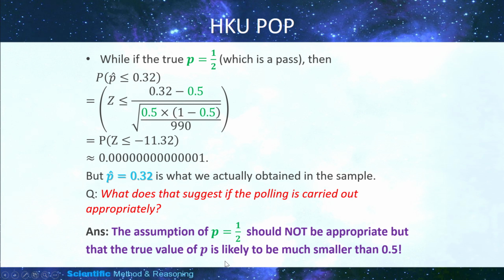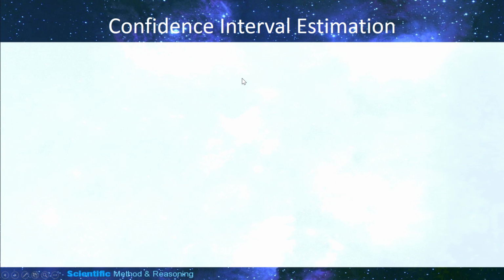Okay, the assumption of p equals 1/2 should not be appropriate, but the true value of p is likely to be much smaller than 0.5. Okay, that is the implication of this probability, because this probability is calculated based on this assumption that p equals 1/2.